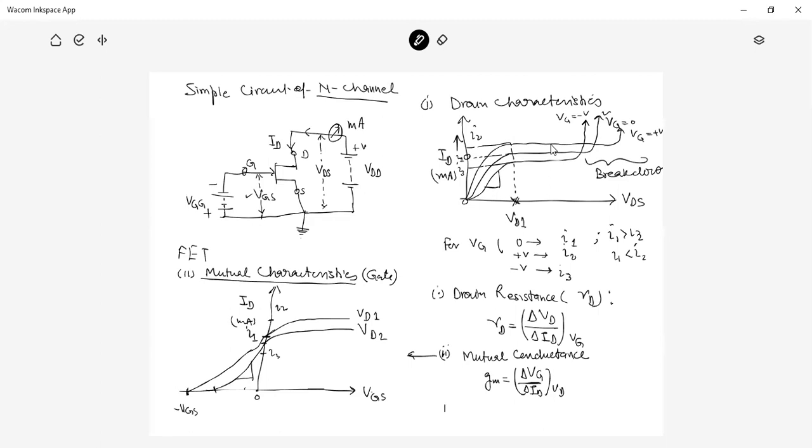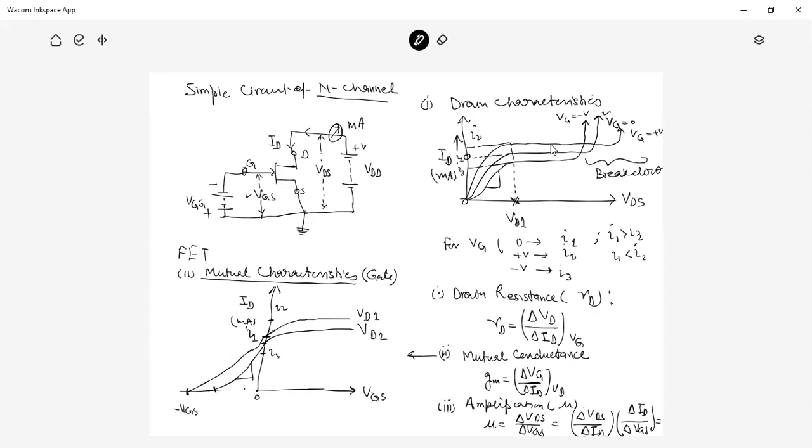And the third characteristic is amplification. Amplification factor, that is mu. So this mu is delta VDS upon delta VGS. This can be expressed as delta VDS upon delta ID times delta ID upon delta VGS.